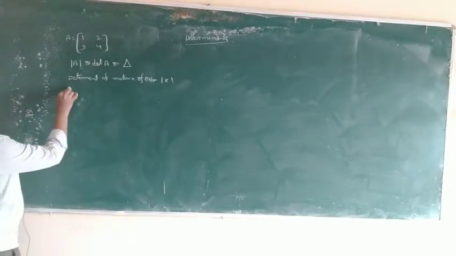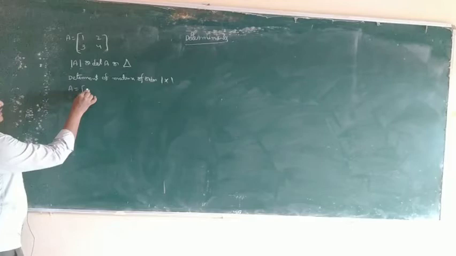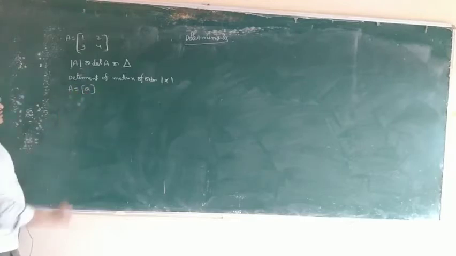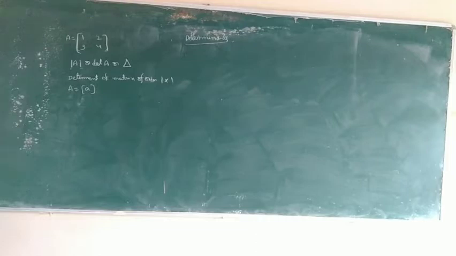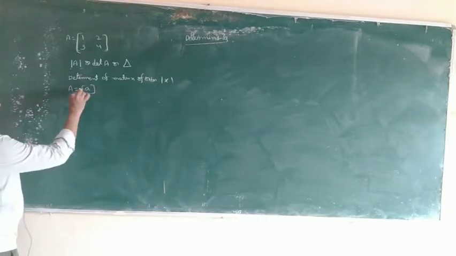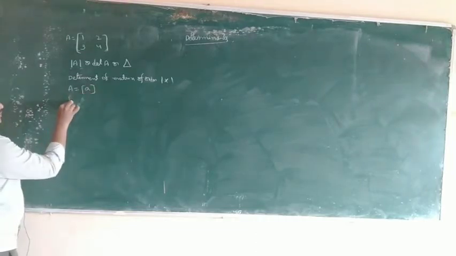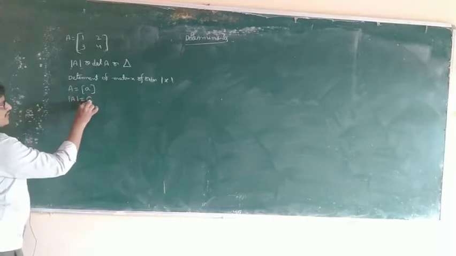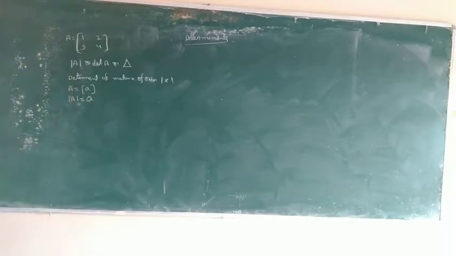For example, A is a matrix with a single element. A 1 by 1 matrix means 1 row and 1 column. So the determinant of A is equal to that element.